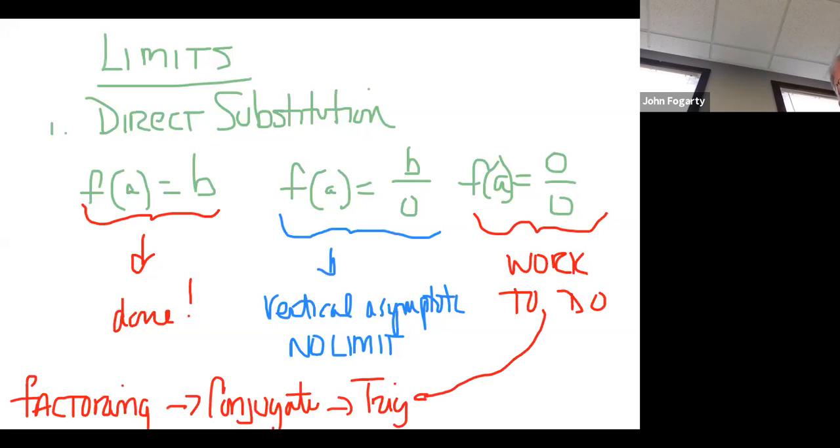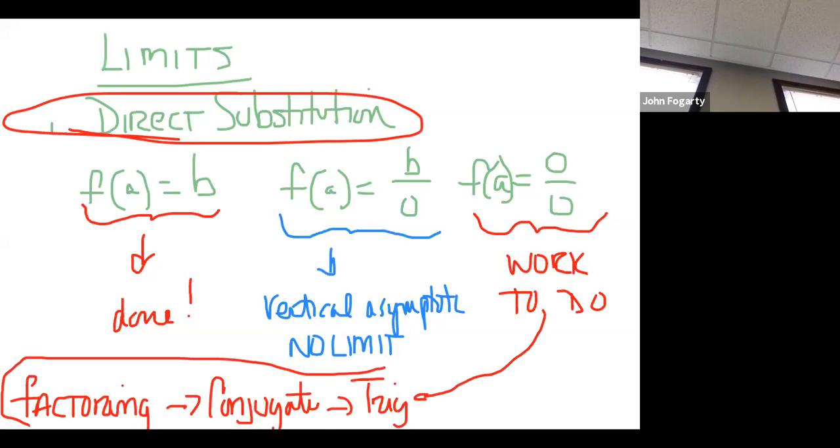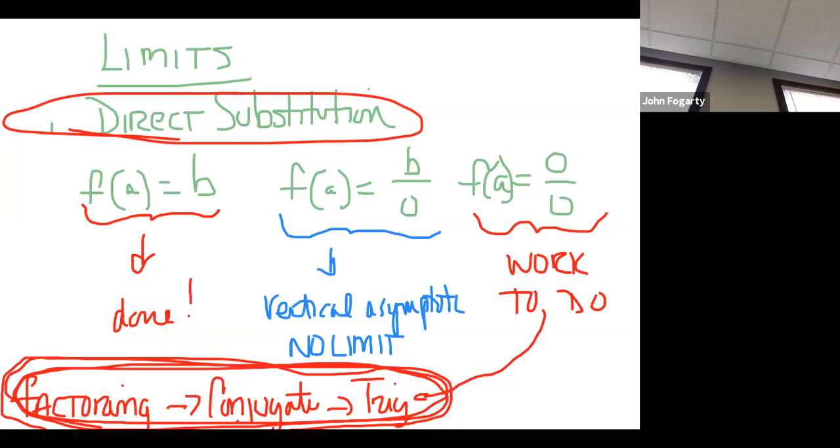Does that make sense? But here's what you got to remember. Direct substitute, and then see which of these you get. Now, what you got to realize, fellas, these are all algebraic ways. Next year, when you're taking calculus, you're going to use calculus ways, right? But right now, all you got is algebraic, right? Does that make sense?